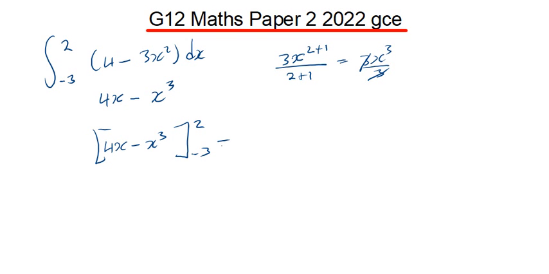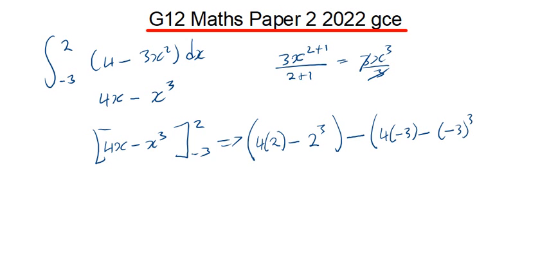So here's how you write it. We are going to say open bracket, 4 open bracket, you put 2 here, minus, you put 2 to the power 3 there, you close, minus, then you're going to say 4 open bracket, where there's x now you put minus 3, minus, then you put minus 3 there to the power 3.